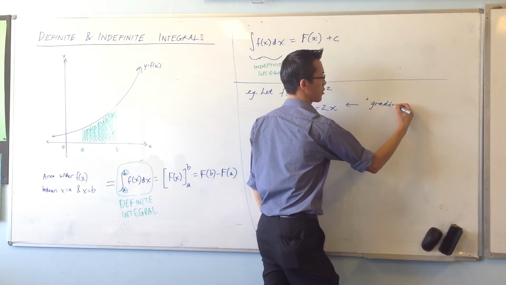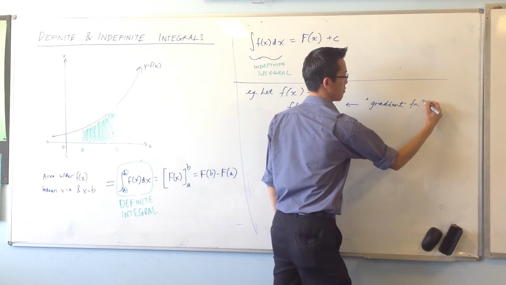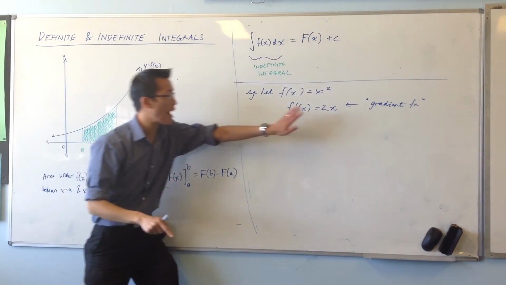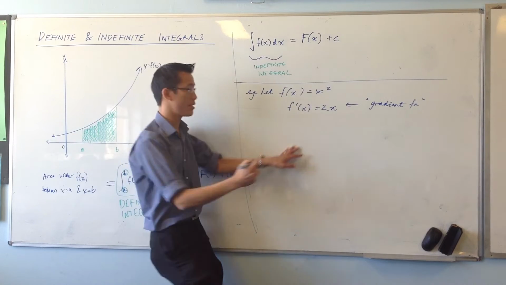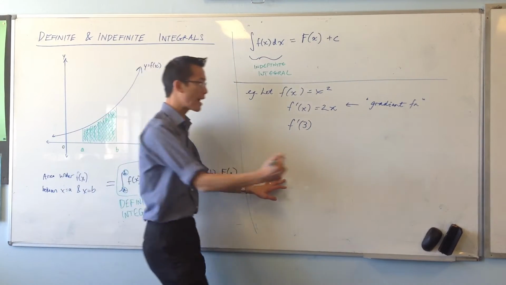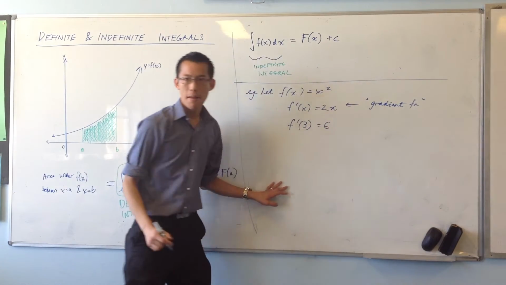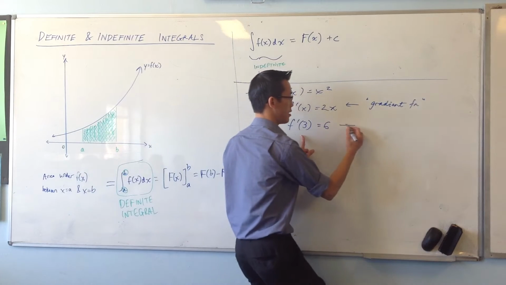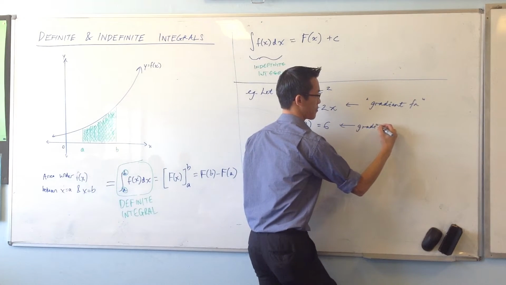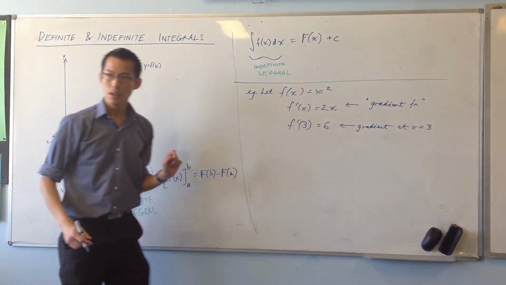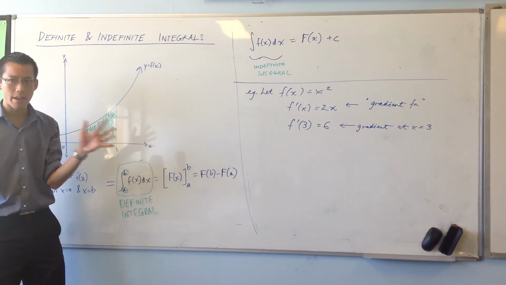Why do we call it the gradient function? Good. If you sub in a value, for instance, let's put in x equals 3, you'll get out a number at the end. And this is an actual gradient at a specific place. This is the gradient at x equals 3. So, it's the same kind of idea.